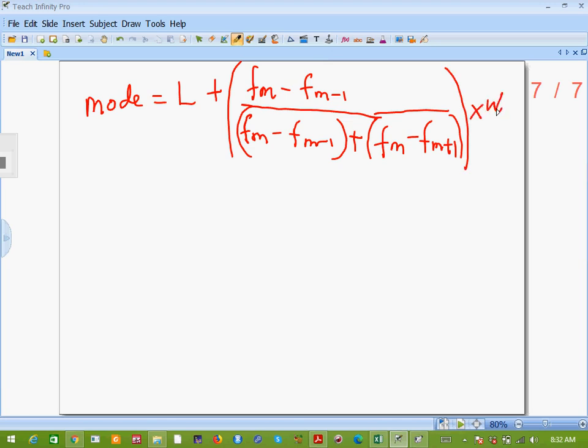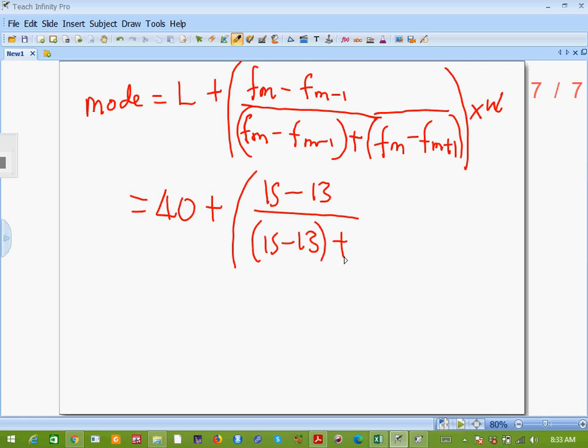Okay, so let us now replace. We just found that, so that is 40 plus, open bracket, 15 minus 13 over 15 minus 13 plus 15 minus 5, close bracket, times 10.